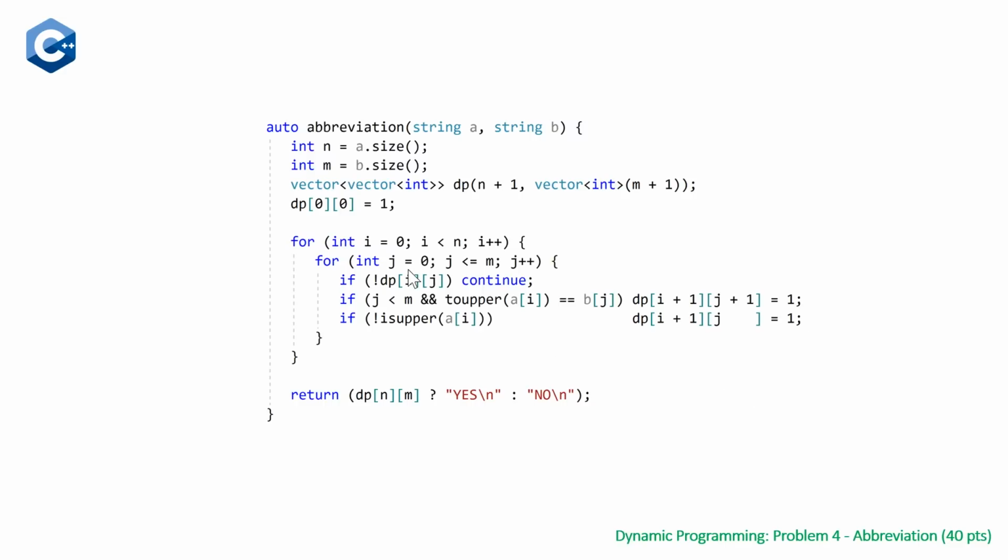And so when we continue to do this, we're basically going to fill up our 2-dimensional vector or list as was shown in the visual example, and that will do it. And so at the end, we just need to check, is the value in the nm index or element set to 1? And if it is, then we want to output yes. If it isn't, we want to output no. So pretty straightforward.